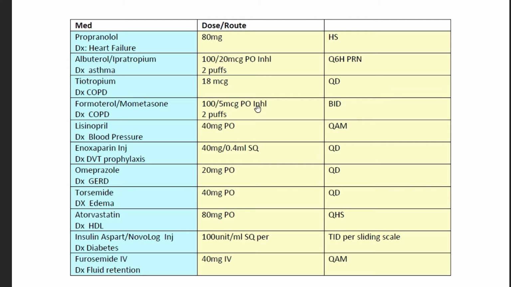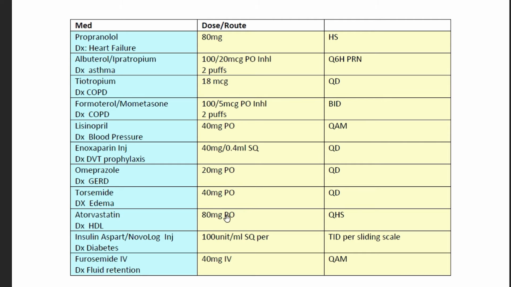Then we also have IV, so through the intravenous way. And then also SL, which is under the tongue, sublingual. Those are probably the main ways that you'll see the route, or how the medication is administered. So that's what that means there.